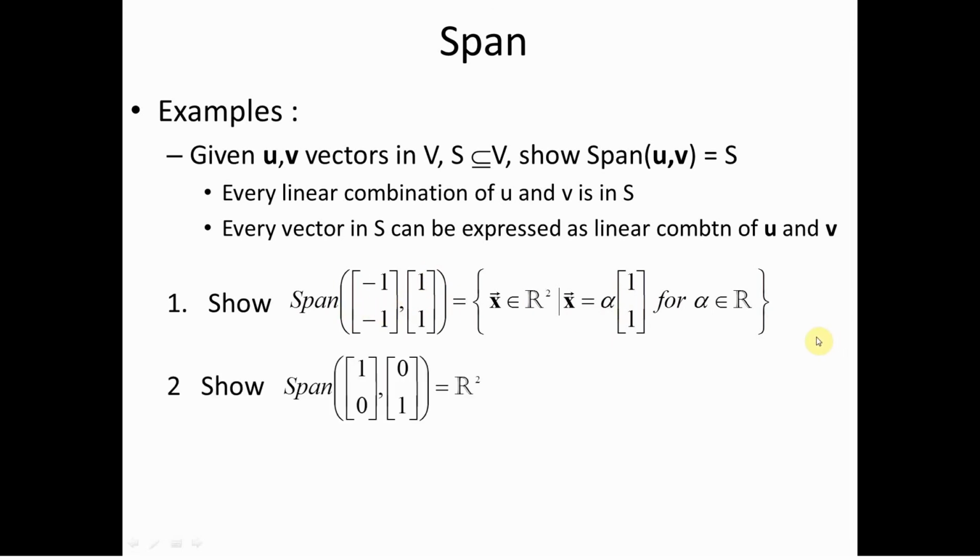We can also show that the span of these two vectors is R2. In other words, every vector in R2 can be written as a linear combination of these two vectors, and every linear combination of these two vectors is an element of R2. Notice that the same vector space can be spanned by a different set of vectors. You can also show that the span of these two vectors is R2, in the same sort of way, of course.